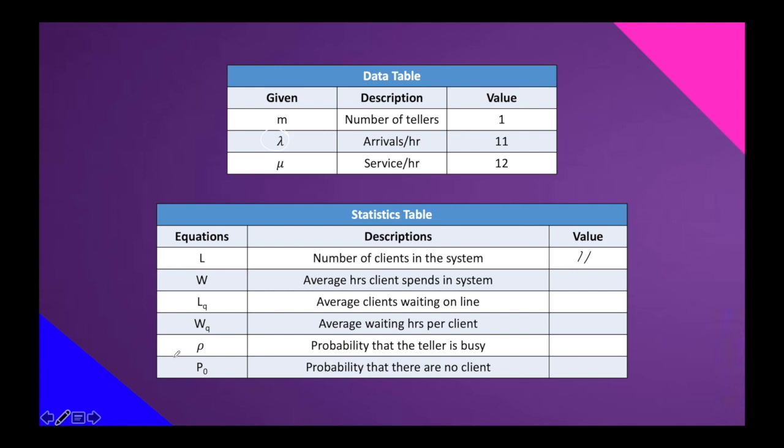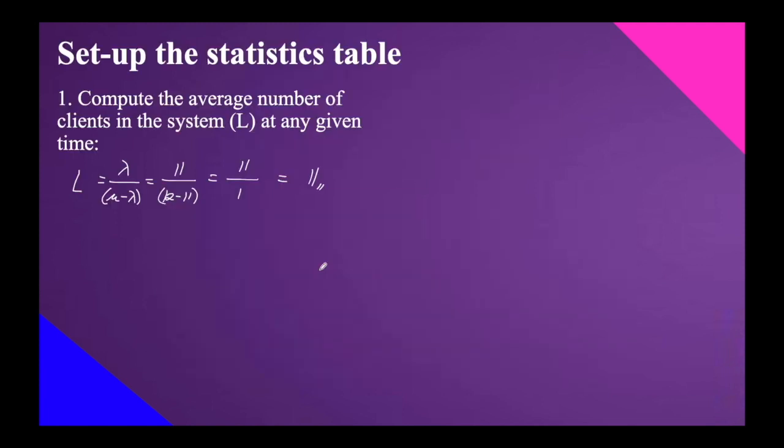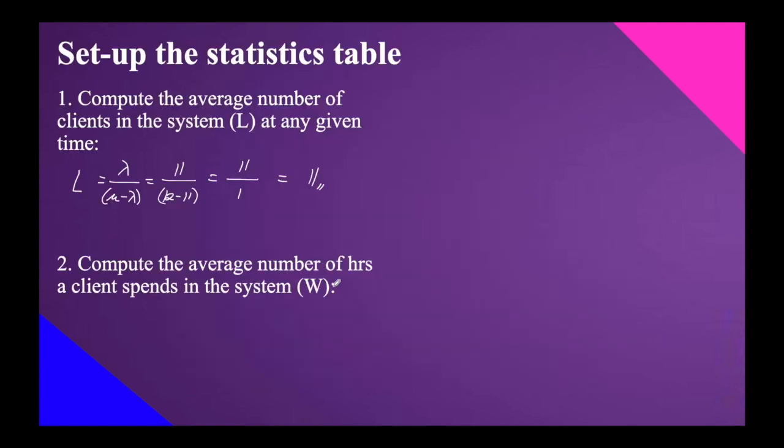Now let's compute the average hours a client spends in the system, which is W. How long they stay inside the system per client on the average. That is the second one.